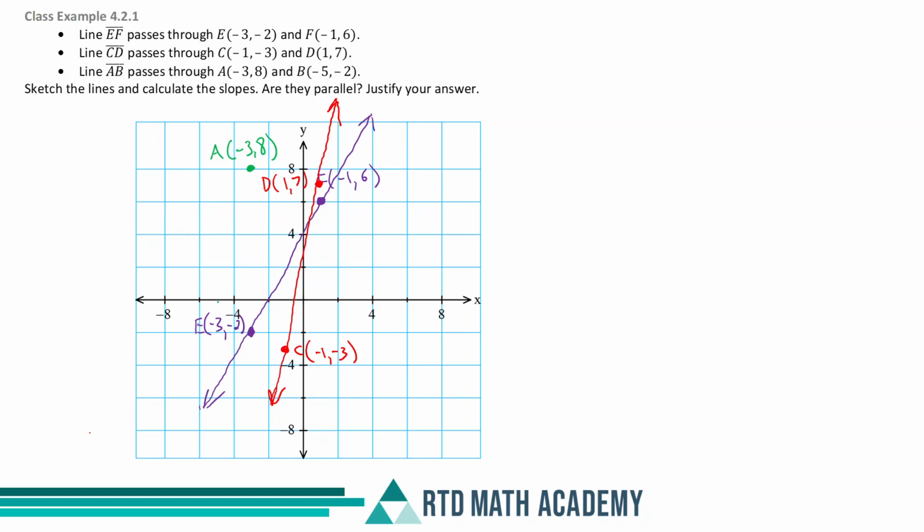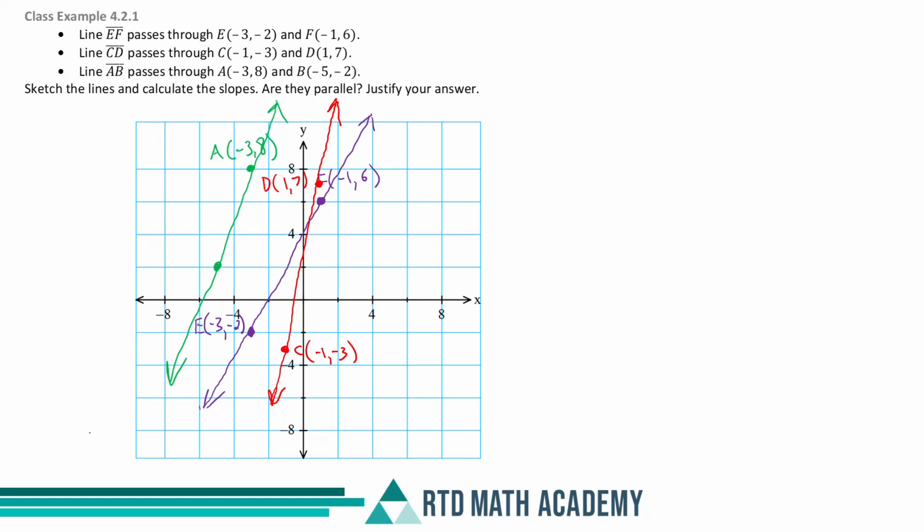So -5 and then 2. And you guys with your rulers should probably be able to do a better job. Ruler or straight edge, doesn't actually have to be a ruler.